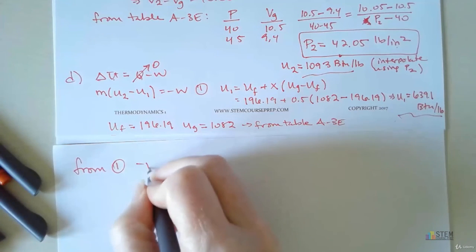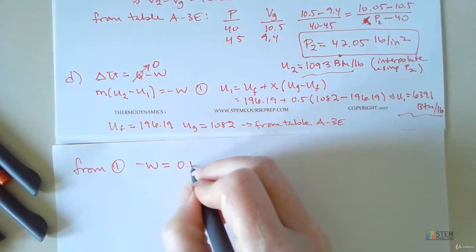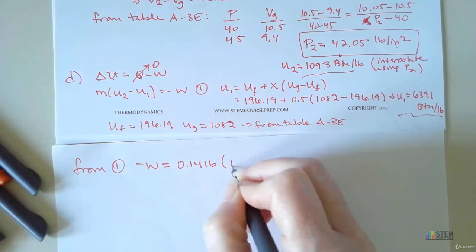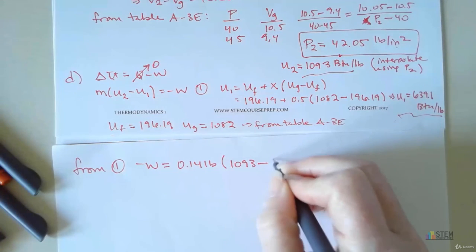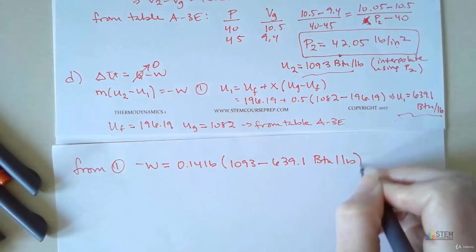We're going to have negative work equals the mass, which was 0.14 pounds, times 1,093 minus 639.1 BTU per pound.